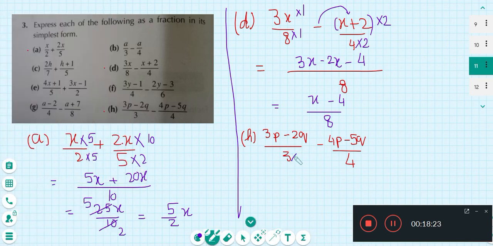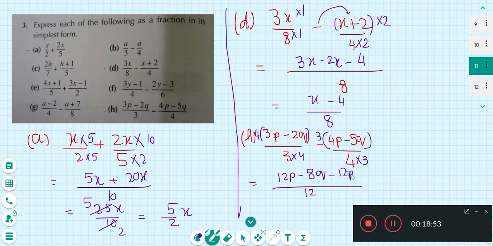So I am multiplying 3 by 4 in order to make it 12, and this 4 will multiply here as well. Similarly 4 will multiply by 3. So LCM is 12. 4 into 3p gives you 12p, minus 4 into 2q gives you minus 8q. Similarly minus 3 into 4p minus 12p, and minus 3 into minus 5q, minus into minus plus, 3 5s are 15q.